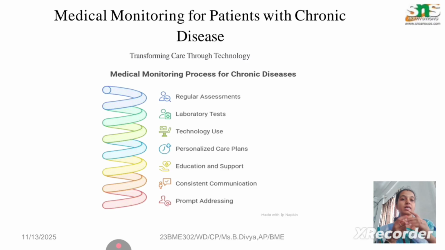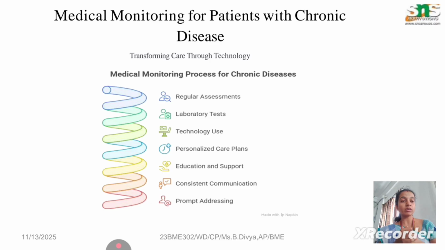First is the regular assessment of the patient, and then next the laboratory tests. What type of tests does the patient need to undergo, and the technology used. What kind of technology can be used to assist both the patients and the attenders. Next, what kind of personalized care plans can be made.